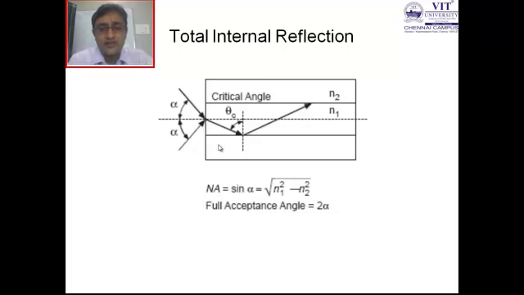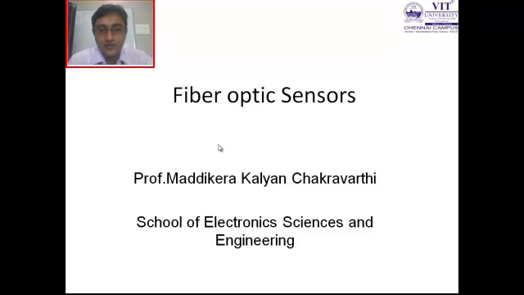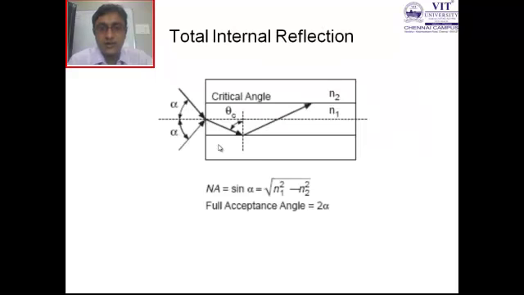That is, it always tries to provide a protection around the core in such a way that the light doesn't escape or leak out. Though our topic is fiber optic sensors, we are going to talk about the optical fiber cable, its architecture, and then we're going to go for its application as a sensor.